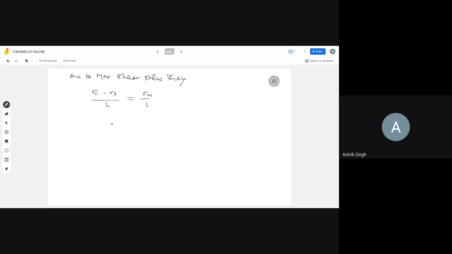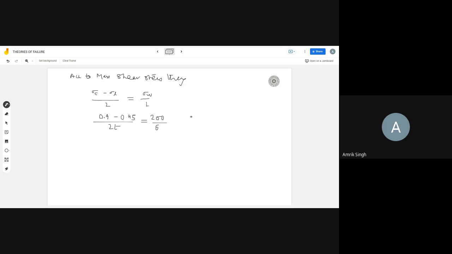Okay, so it is 0.9 upon t we have calculated, and this is 0.45 t. So 0.45 t divided by 2 times t. This should be equal to 200 divided by 6, because 3 was the factor of safety.